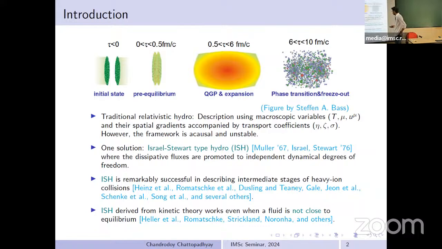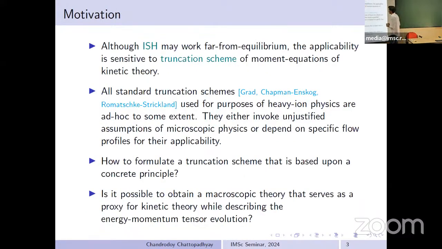Yes. So all standard truncation schemes that are used in heavy ion collisions are to some extent ad hoc. They either introduce some assumptions which have no solid grounds, or depend on specific flow profiles which are relevant for heavy ion collisions.